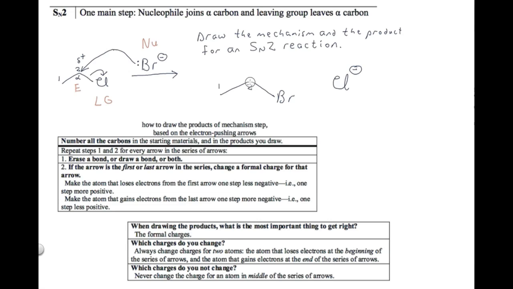The atoms in the middle of the series never change their charge, and you can see why. Because every atom that's in the middle of the series of arrows is both gaining electrons from one arrow and also losing electrons from the next arrow. And those two things cancel out so that overall the formal charge doesn't change. That should help us to see why we never change the charges for atoms in the middle of the series of arrows, only at the beginning and end of the series of arrows.